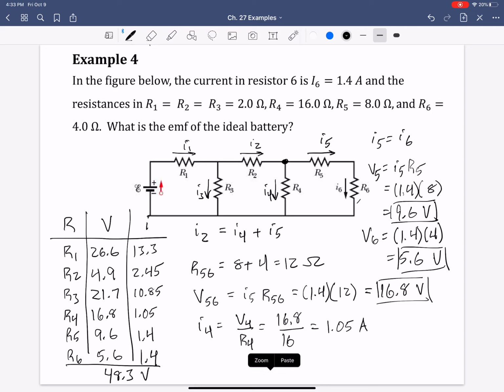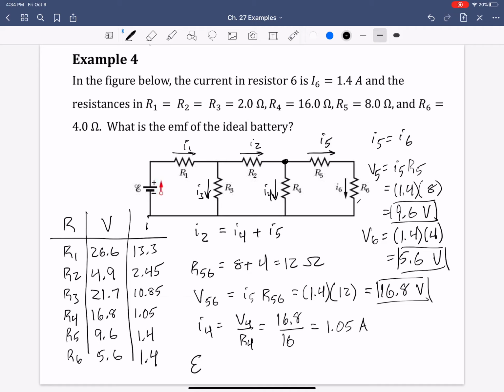Should get 48.3 volts. Okay. Oh, I'm sorry. I'm not adding up all of those. Let me take that back. I'm only adding up the voltages for 1 and 3. There we go. Only adding up the voltages for 1 and 3.